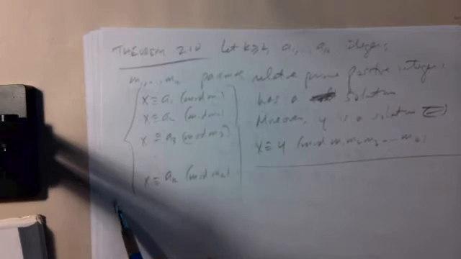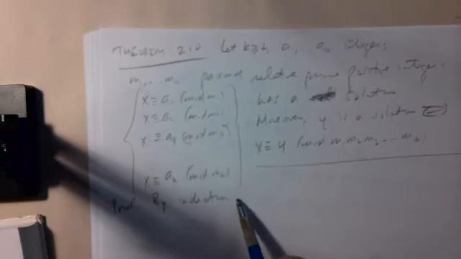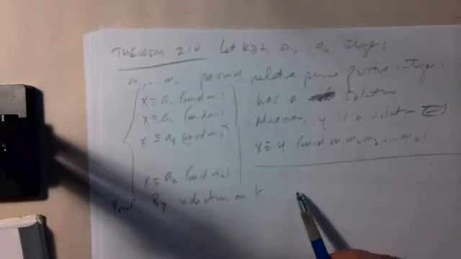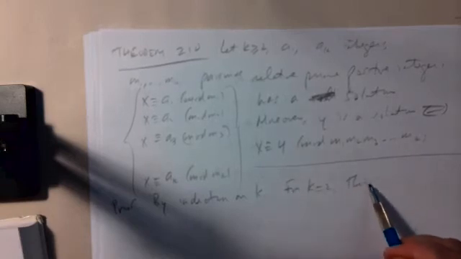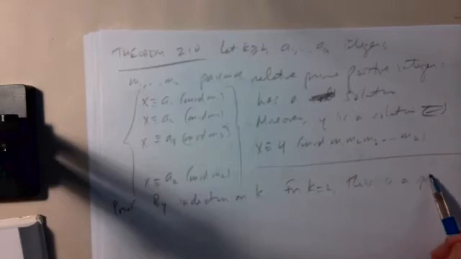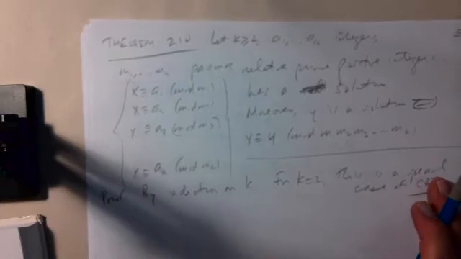So the proof is by induction on k. And for k equal 2, this is just a special case of the Chinese remainder theorem I just proved.